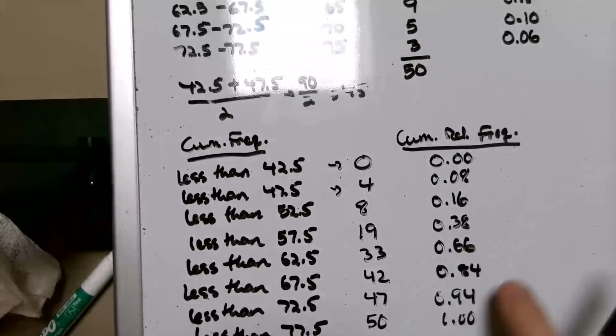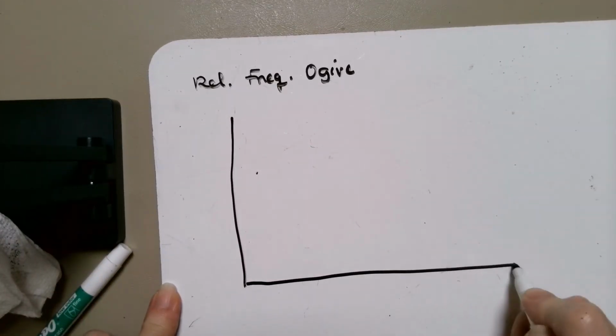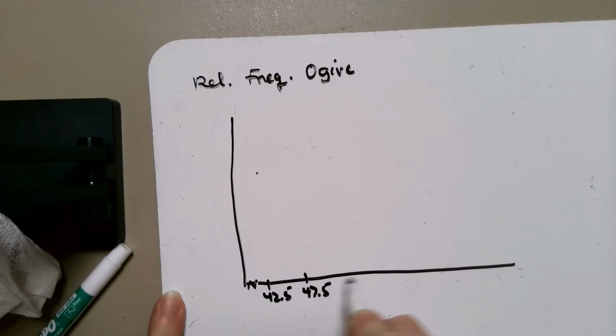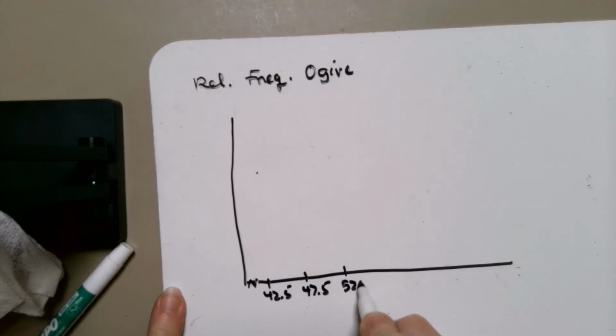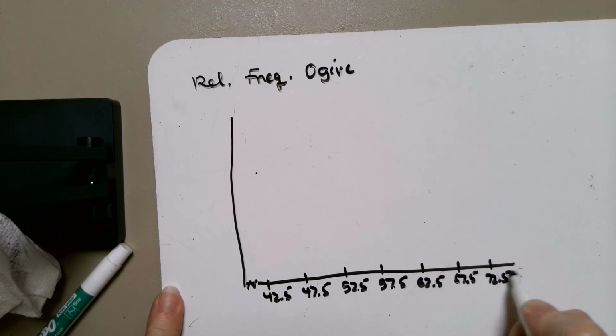And so taking this column and class boundaries, we're going to make a relative frequency ogive to finish up here from page 61. So we're going to use class boundaries. They start at 42.5, 47.5, 52.5, 57.5, 62.5, 67.5, 72.5, and 77.5.